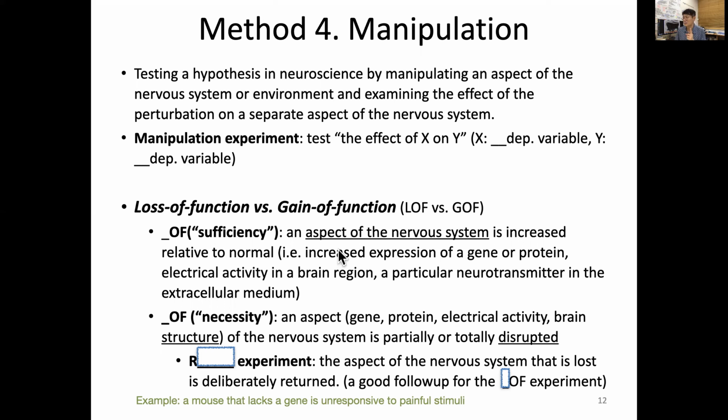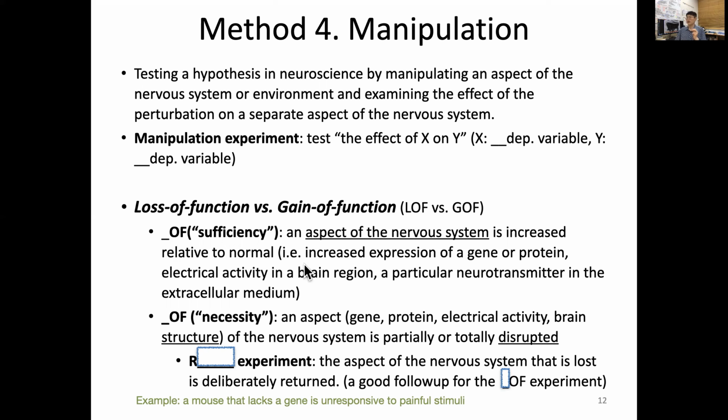An aspect of the nervous system is, let's say, increased relative to normal. For example, expression of a gene or protein, or electrical activity in a brain region, or neurotransmitters in the extracellular medium is increased by doing something. We call it a gain of function.